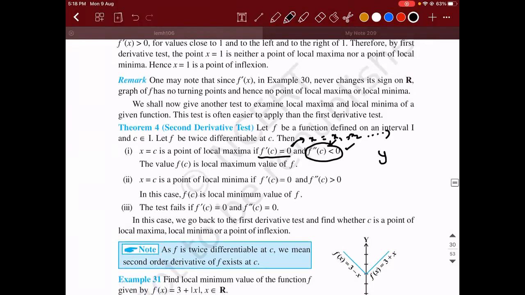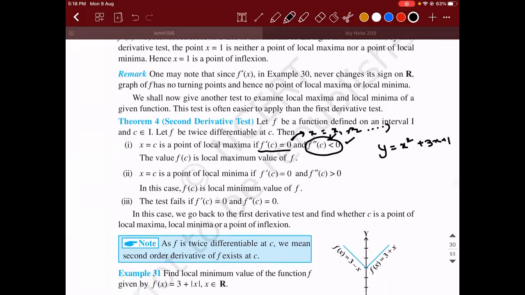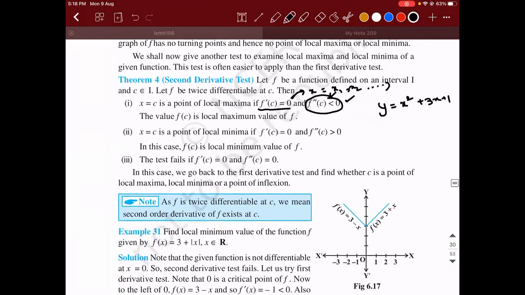So for example, if I take y is equal to x square plus 3x plus 1, and they're asking me to find the points of maxima or minima, dy by dx will be 2x plus 3, and I equate it to 0. So x is equal to minus 3 by 2.